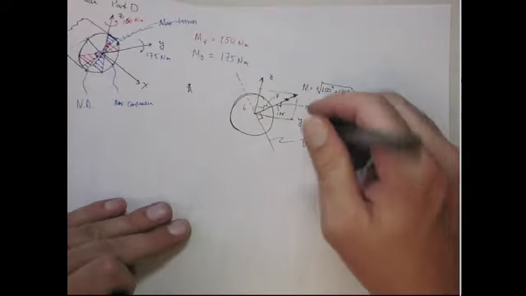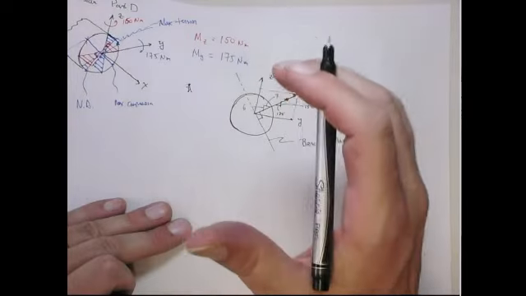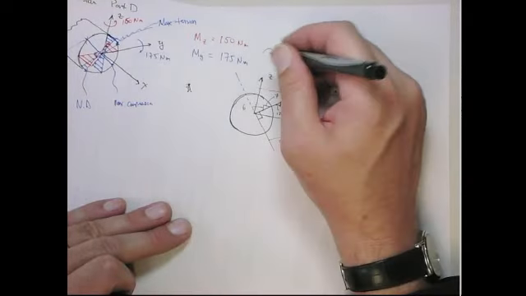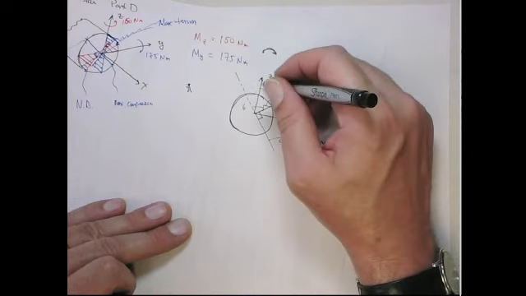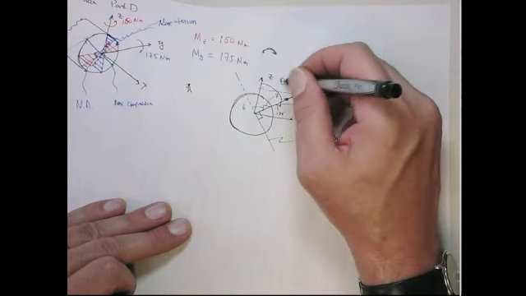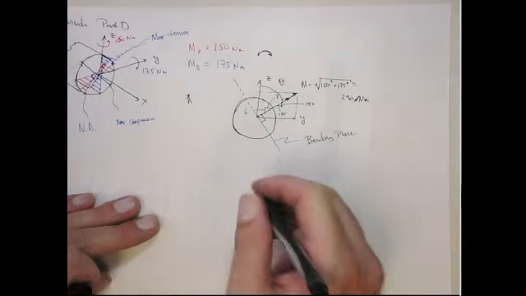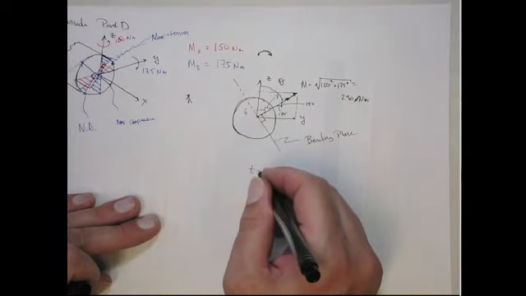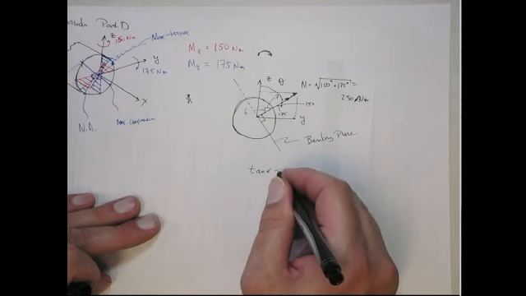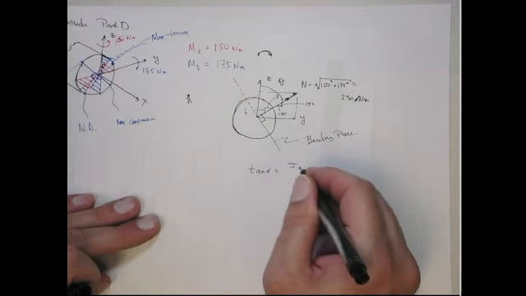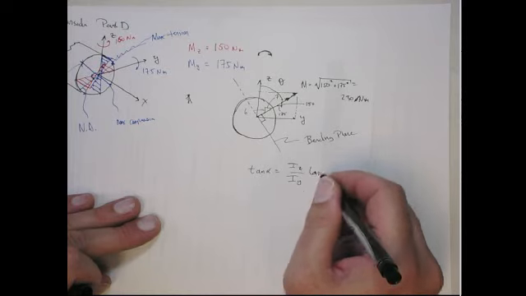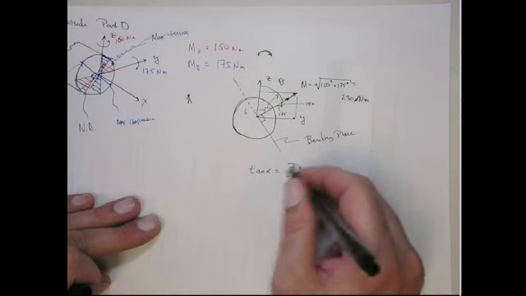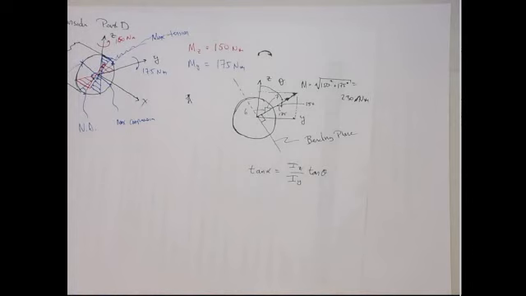So the positive angle is going to be this way. No, it's this way, actually. We're doing it negative. So this angle here is the theta angle. And if you look at the equation for the angle of the neutral axis location, let's see if I get it the right way. I forget whether it's z or y. It actually doesn't matter. Okay? Let me look it up. Let's get it right.